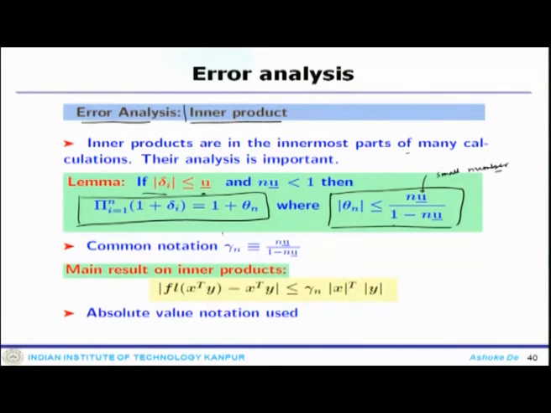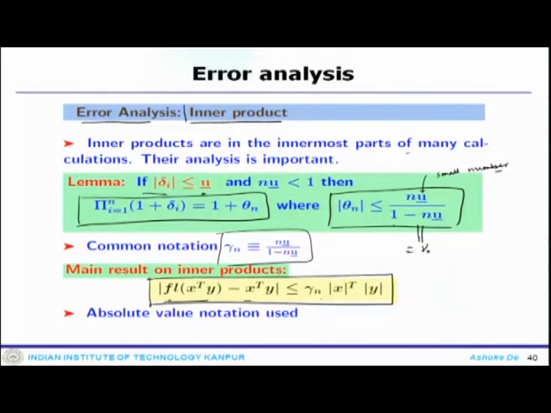So, the common notation is that you can define gamma n, which is essentially this particular term. So, the result of this inner product is that the magnitude of floating point x transpose y minus x transpose y satisfies less than or equal to gamma n times mod x transpose mod y.